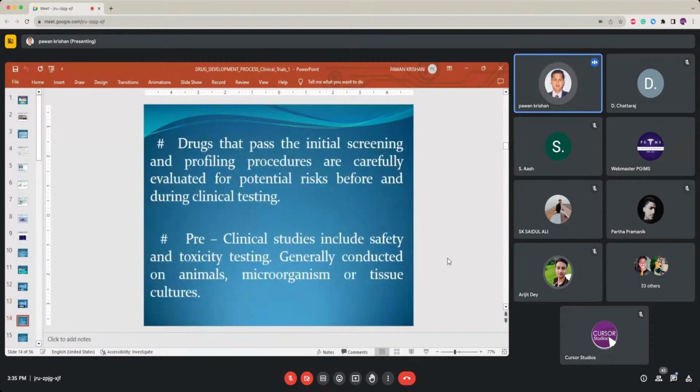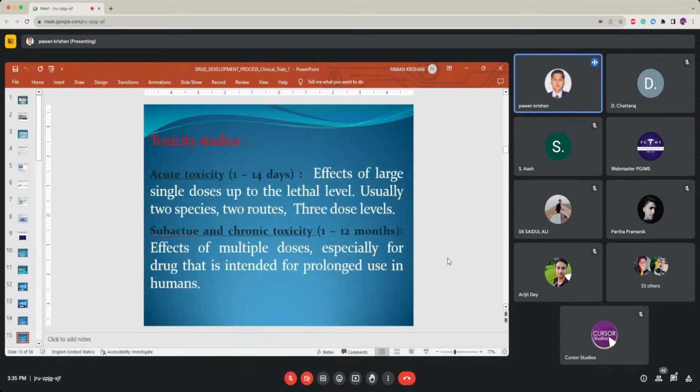Drugs that pass the initial screening and profiling are carefully evaluated for potential risk before and during clinical trials. Preclinical studies include safety and toxicity testing, generally conducted on animals, microbes, and tissue cultures. As I'm telling you, the regulatory authorities are more concerned about the safety issues rather than the efficacy.